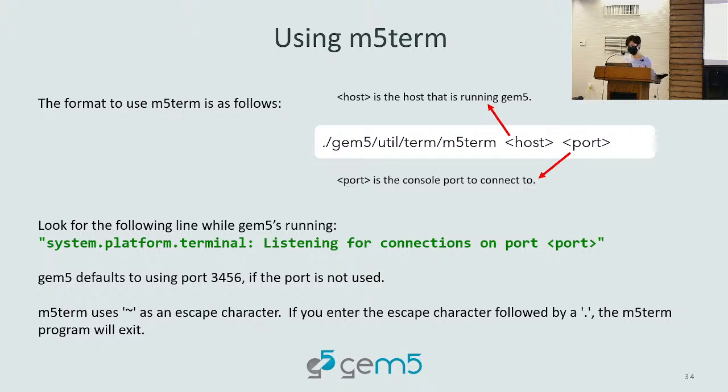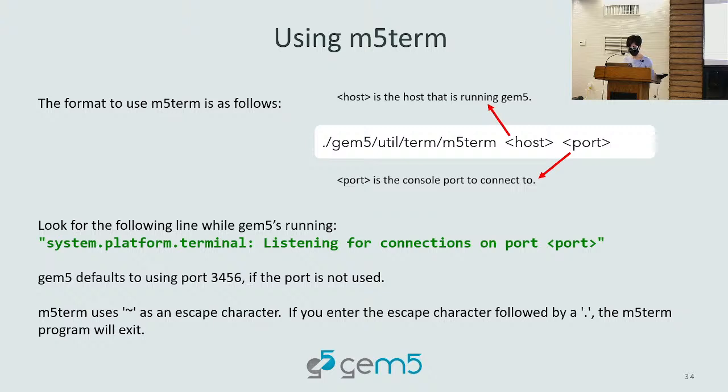Launch your full system simulation, keep an eye on the terminal, and try to find something like system.platform. Pull that number and add it to this command, hit it, and then it's going to be connected to the guest console.